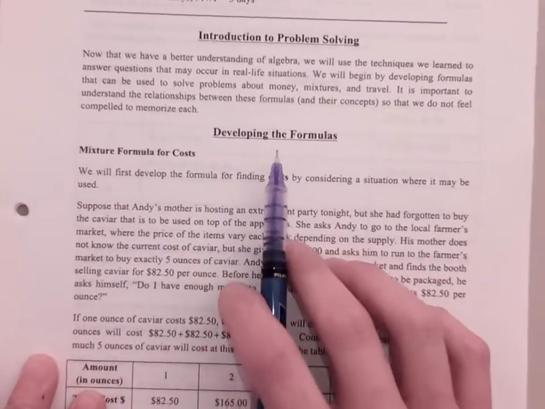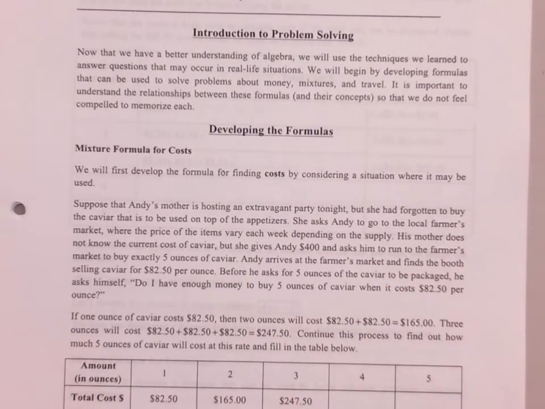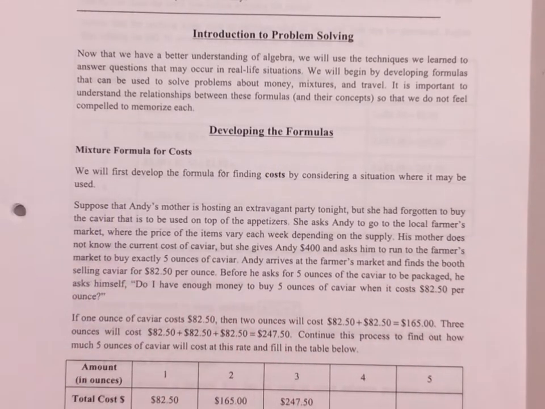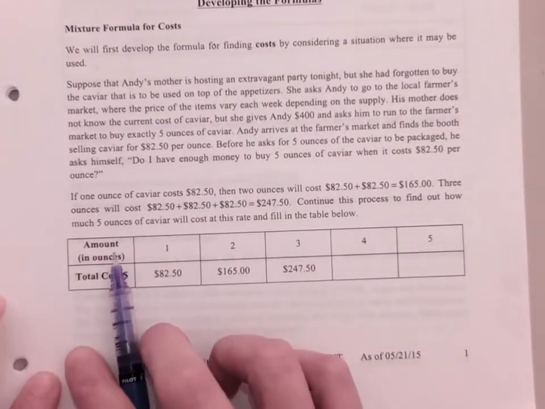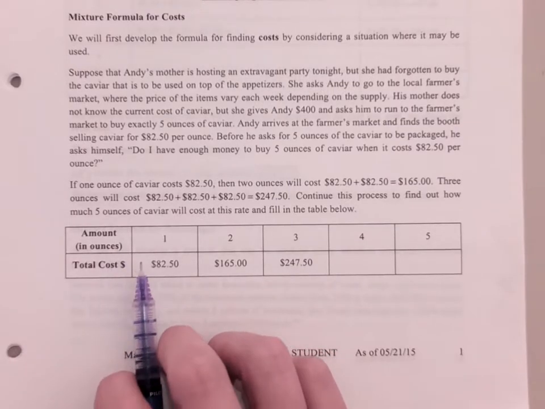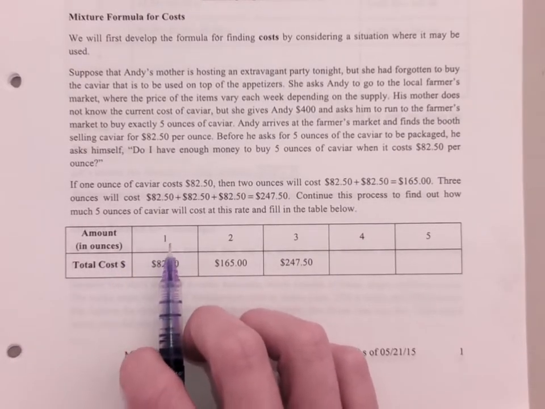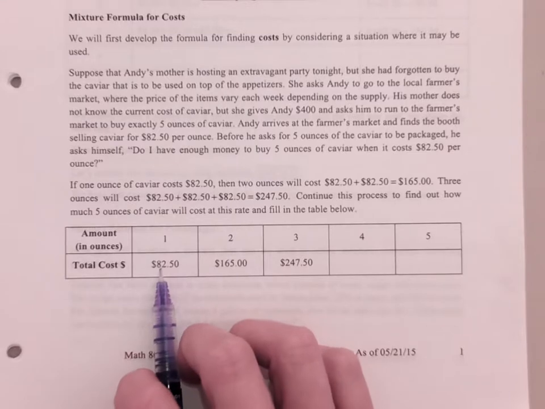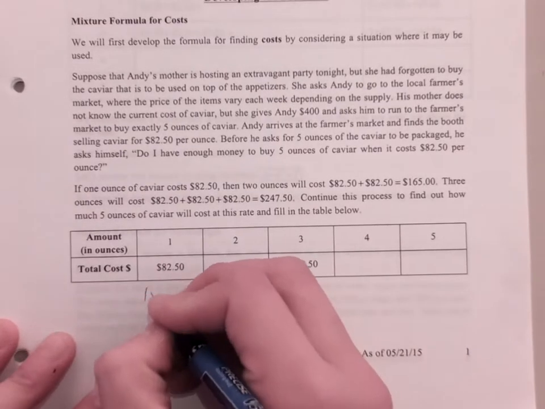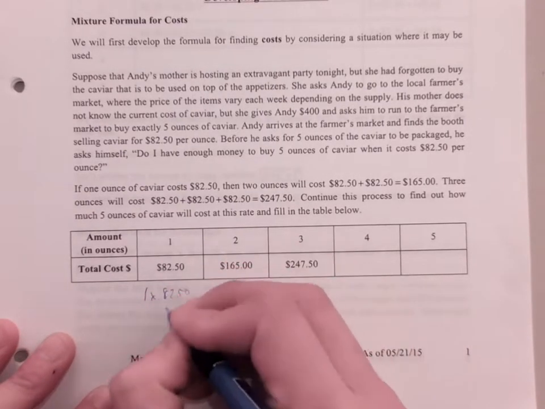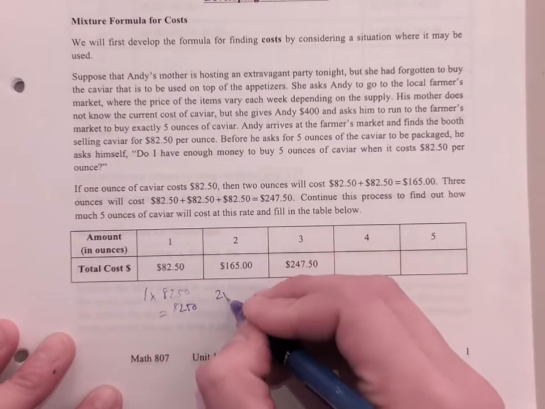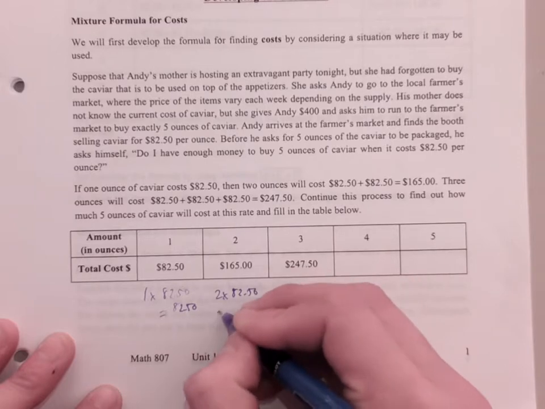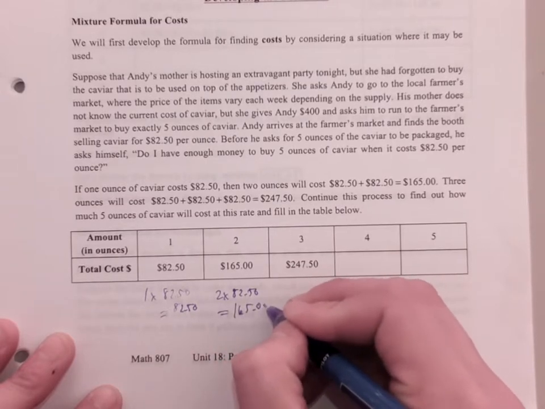So the first idea here is we're basically going to go over the formula for cost. And so if looking at the example here, it talks basically about the amount in ounces and how that cost increases. So for example, 1 unit of this in ounces is equal to $82.50. So 1 times 82.50 is going to be $82.50, clearly. 2 times 82.50 is going to be $165.